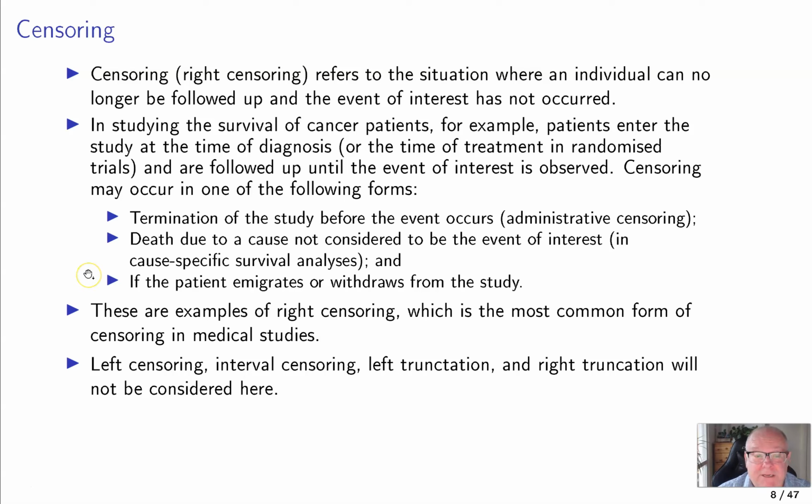Or if the patient emigrates or withdraws from the study, their survival time is censored. The event hasn't occurred and we can't follow them up anymore. Now, there are other forms of censoring, left censoring, interval censoring, and then related concepts, truncation, left and right, but we're not going to talk about them here.